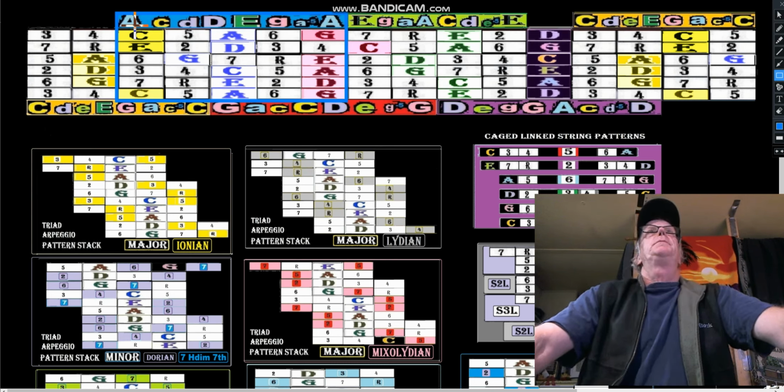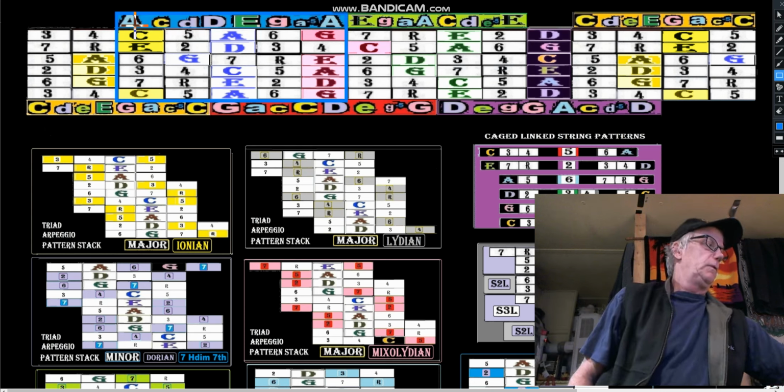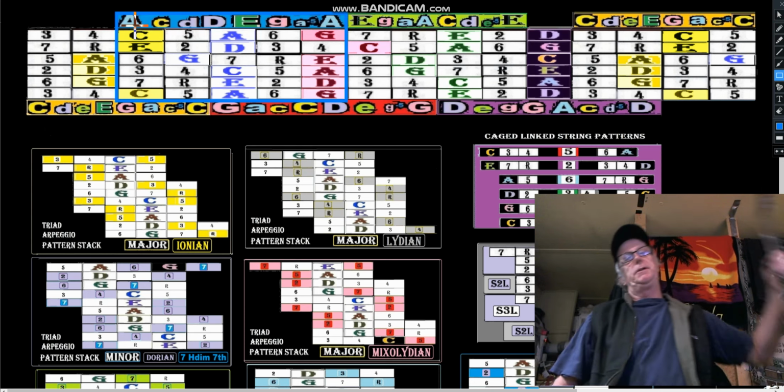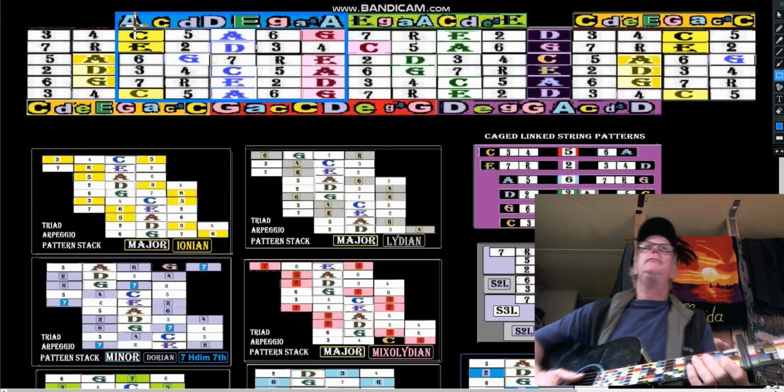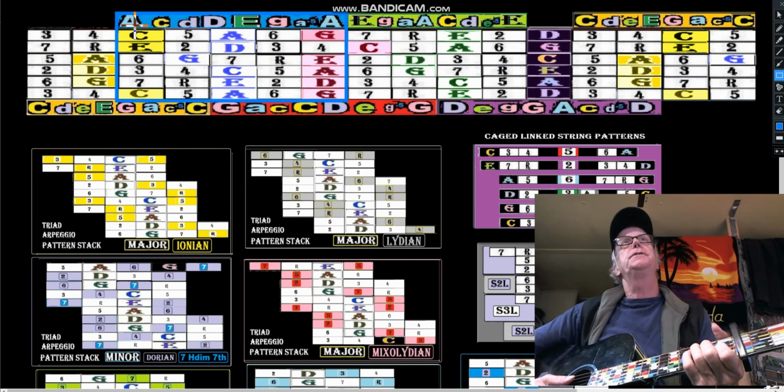So where do these shapes come from? When I say D minor shape, A minor shape, I love when I ask myself questions. So your C shape is here.